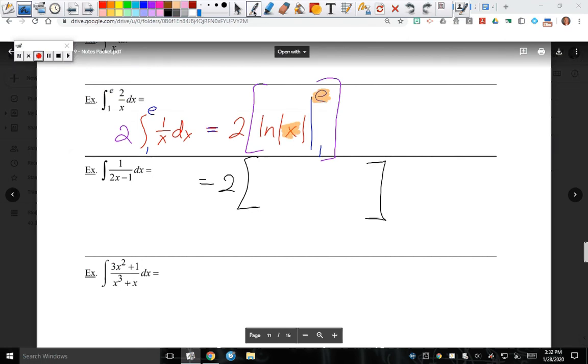Does the bracket go outside that cool line thing? Yep, it goes outside. And does a bracket mean anything different than parentheses? Nope. Since it's just a constant, it means the same. It's constant multiple, you're just going to distribute that 2 onto it. So what's the natural log of absolute value of e? 1. Now let's plug in our a value so we can find f of a. What's the natural log of 1? 0. So what's the answer? 2.